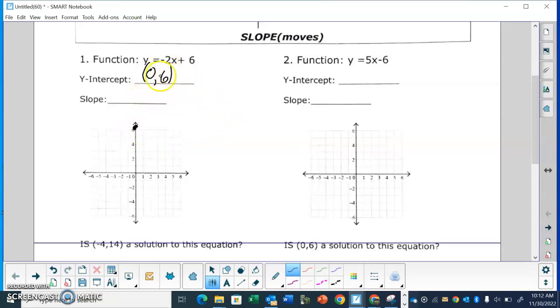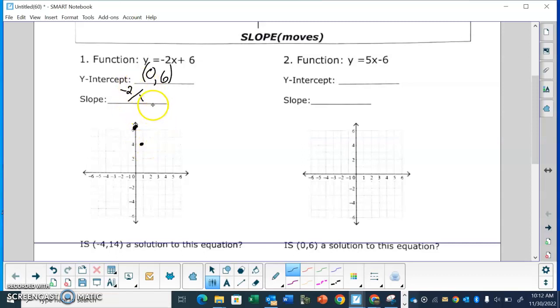And the slope in this case is -2, so that's -2 over, well, there's nothing under that, so it's 1. So the change in y is negative, or down, because negative means down, 2, and to the right 1. So from 6, we're going to go down 2 and to the right 1, and we have another point.